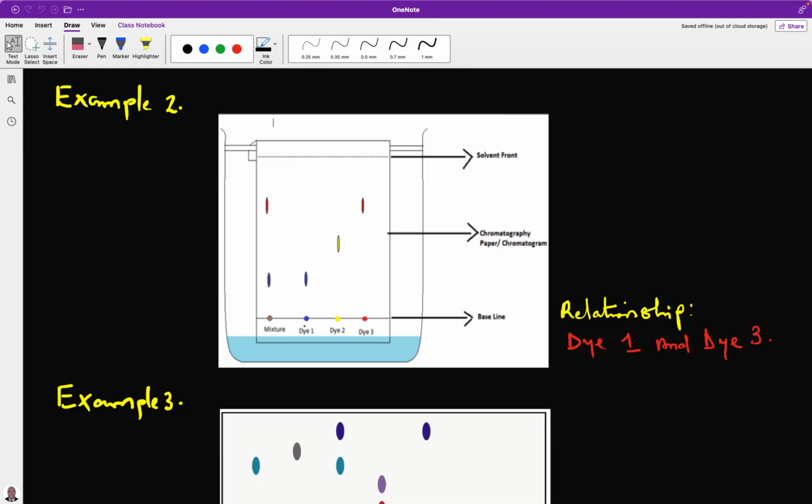It means that dye 1 has a component that is present in the mixture, and they are the same color and at the same level. They have traveled the same level up the paper. Dye 2 has only one color in it, and that color is not present in the mixture. So dye 2 has no relation with the mixture.